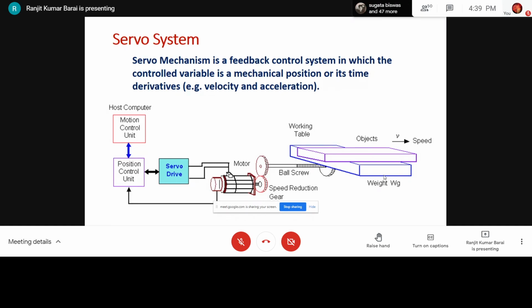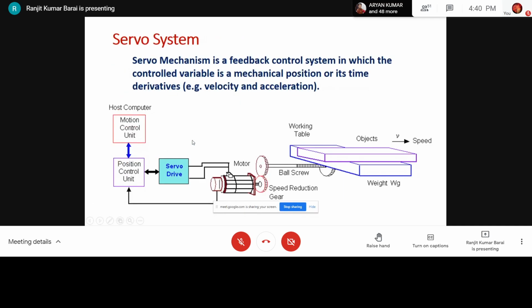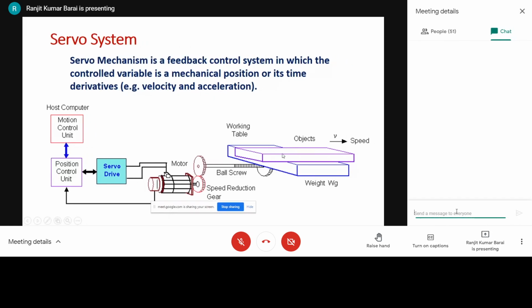Now, what is the basic building block or main building block of a servo system? Here I have given a very simple schematic diagram of an industrial servo system where some object is to be moved according to some speed, and it is coupled to a motor through some gear or speed reduction.